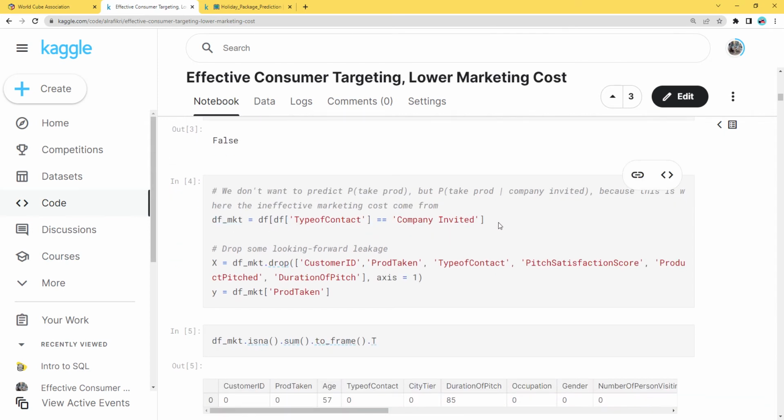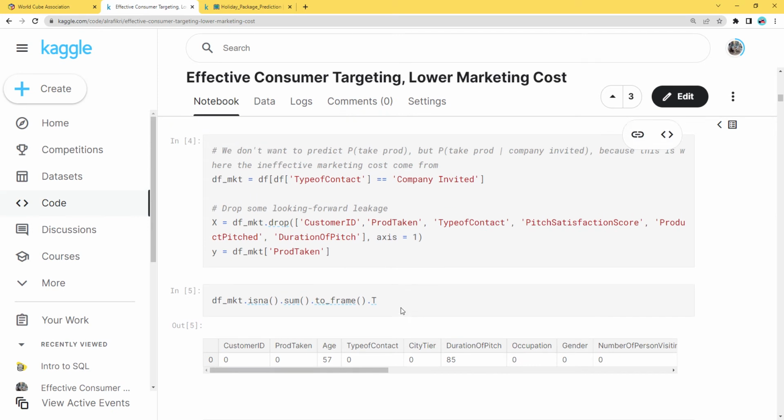Then I filter only the company-invited customers, because of the Bayesian probability: I want to check these characteristics only for customers invited by the company who get a marketing pitch.